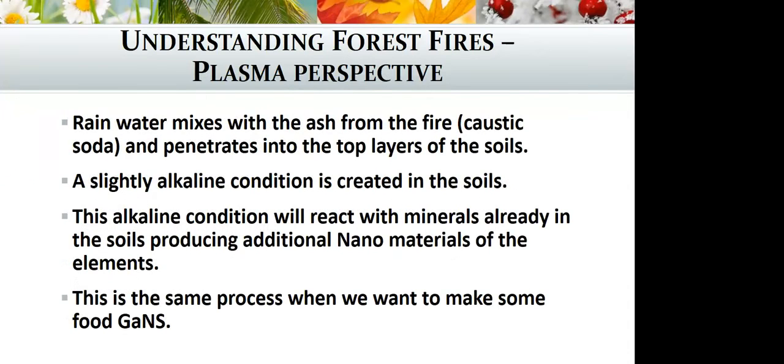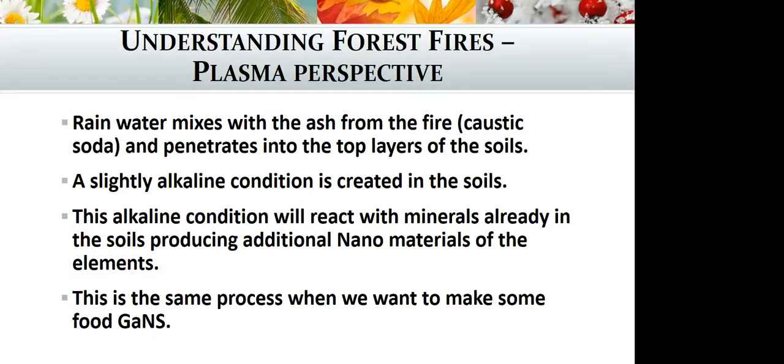Now your rainwater is going to mix with the ash from the fire, and as we know, you can use ash from a fire as your caustic soda. Now this penetrates into the top layers of your soils with the rain. So what you're creating is a slightly alkaline condition in the top layers of your soils.